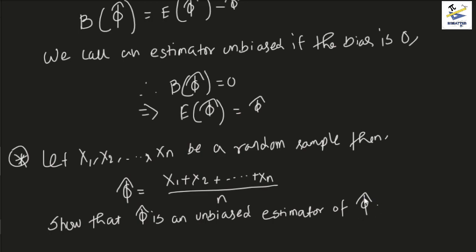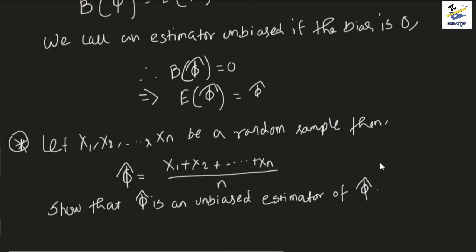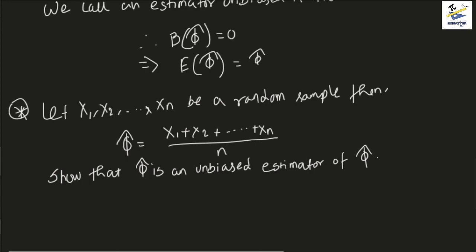That is the question: we need to show that phi cap is an unbiased estimator of theta. The parameter is theta, which is equal to E of xi for every i, right? So how do we show that?